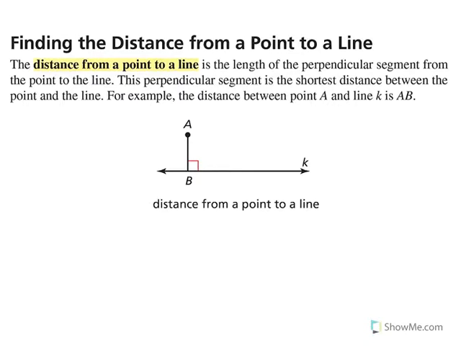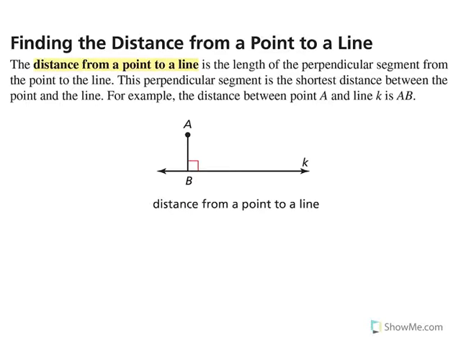So when we think about the distance, if we have a point, the shortest distance between a point and a line is going to be going straight there. So in this example, if I'm starting at this point A, I'm not going to go really far to the right and then curve around back to this line if I want the shortest distance. No, I'm going to go straight that direction, in which when we do that, it will always create this perpendicular line.